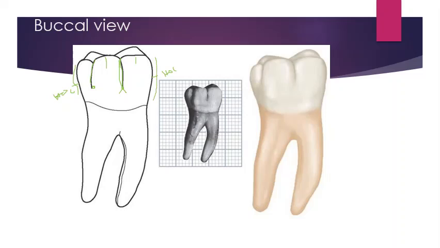The mesiobuccal and distobuccal cusps are blunter as compared to the lingual cusps, which are sharp and higher than the buccal cusps. The smallest cusp, the distal cusp, is at a lower level and a bit sharper than the other two cusps. The height of contour on the buccal surface is in the cervical third.